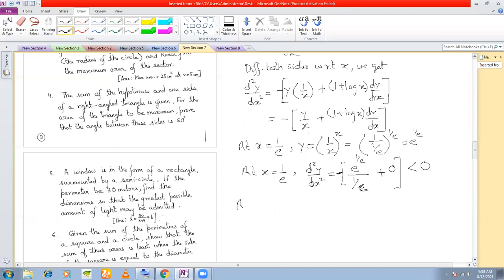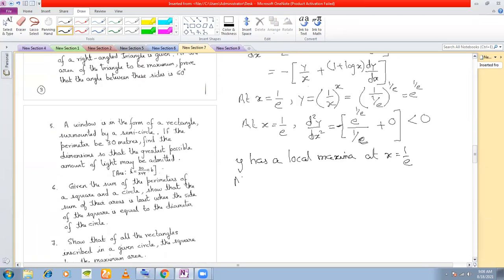Therefore, at x is equal to 1 by e, f(x) or y has a local maxima. And what is the maximum value of y?